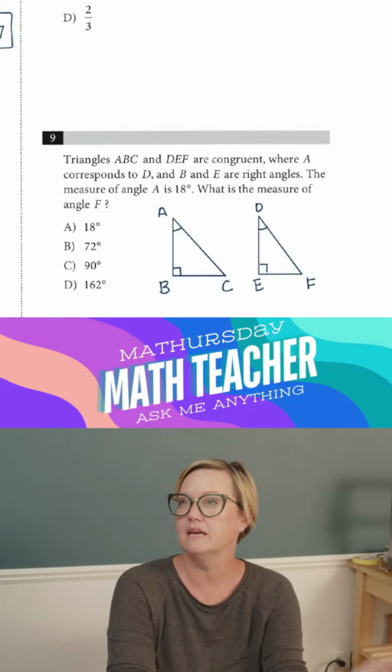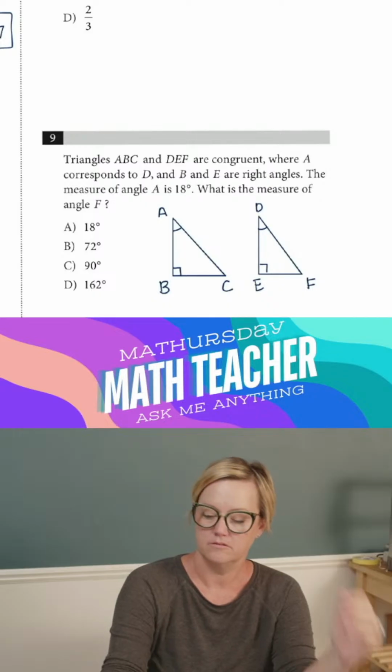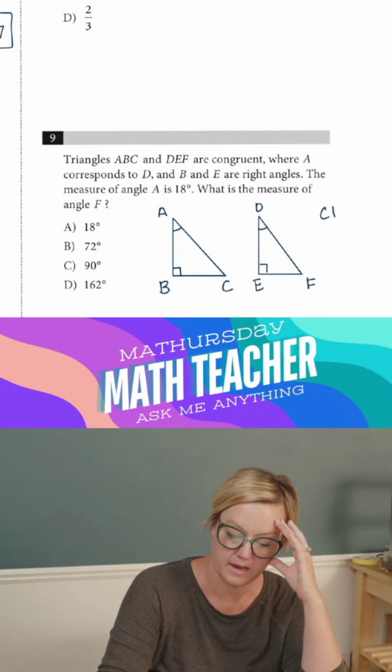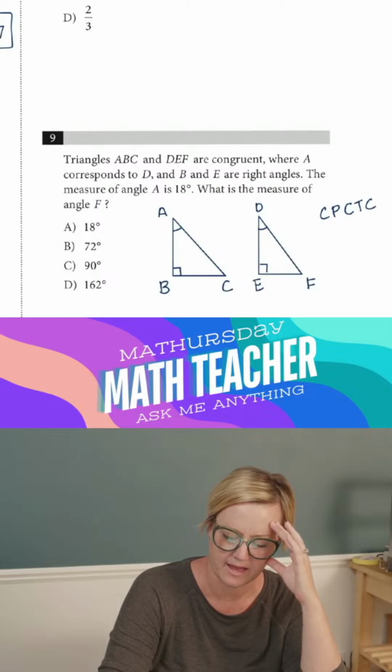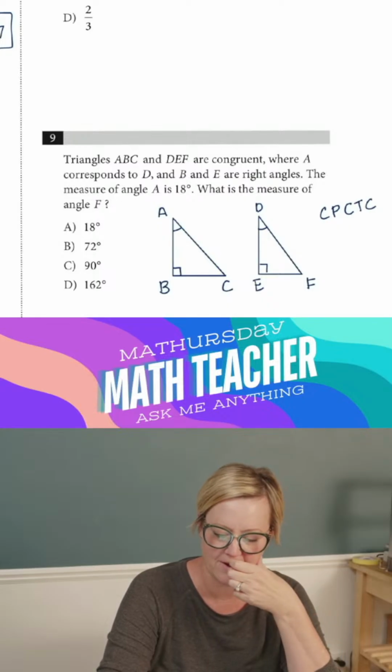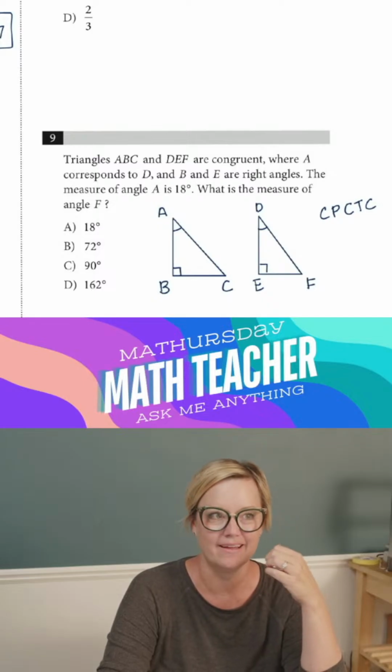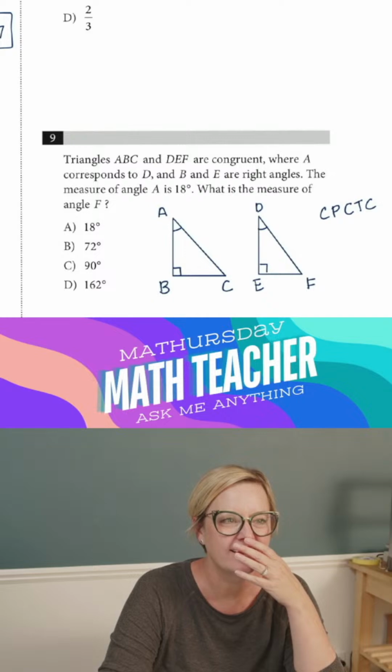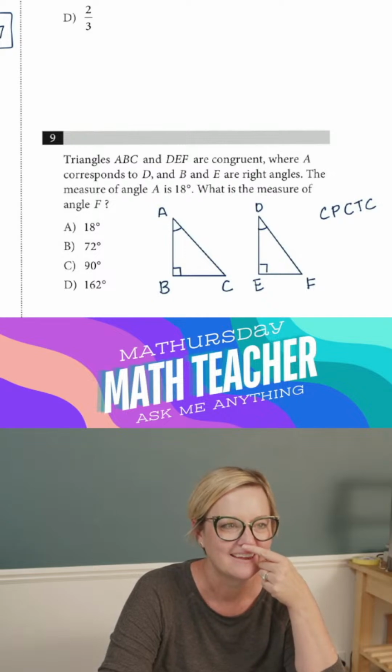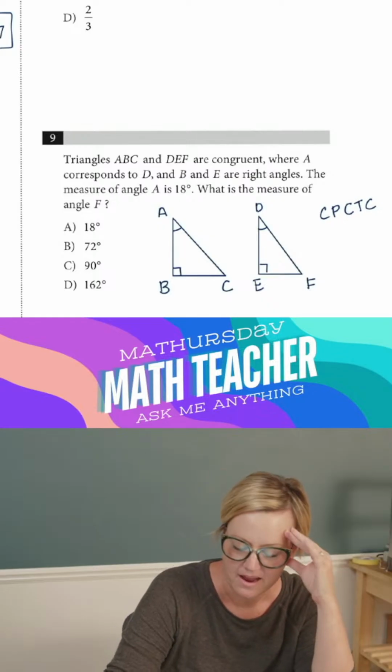Okay, so I know that A and D are congruent because they correspond with each other. And it's CPCTC, I think. I hate that.